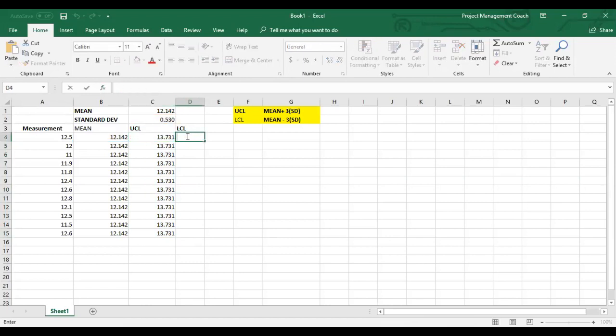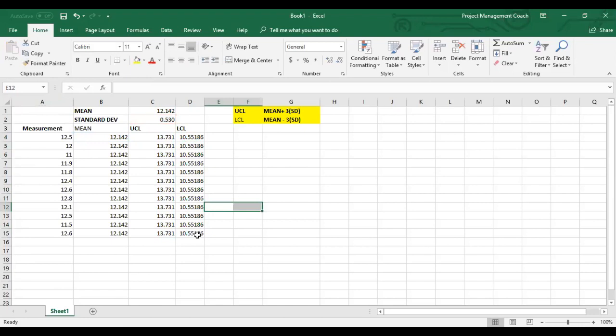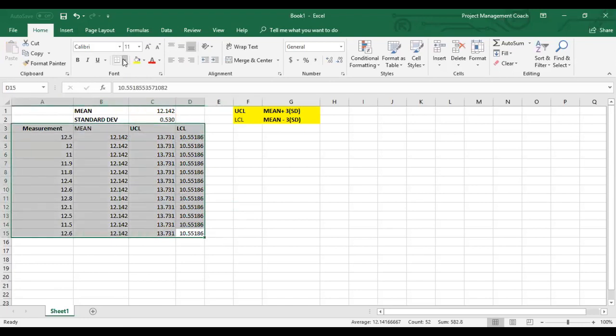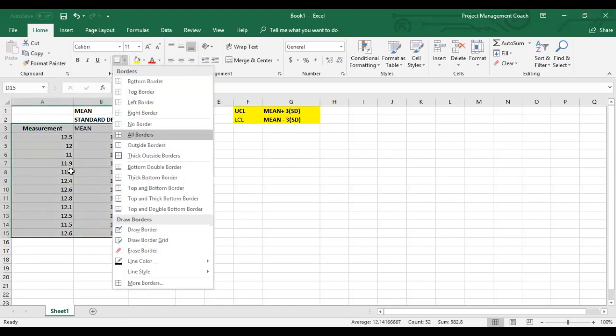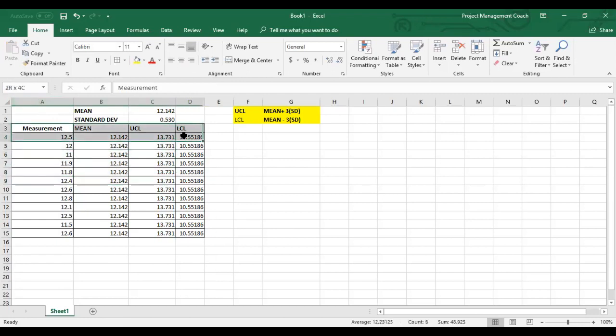So it's again the mean minus, I beg your pardon, 3 times the standard deviation. That's how you get these numbers for the lower control limit. Let's use values. And those are the values that we would use to create our control chart.